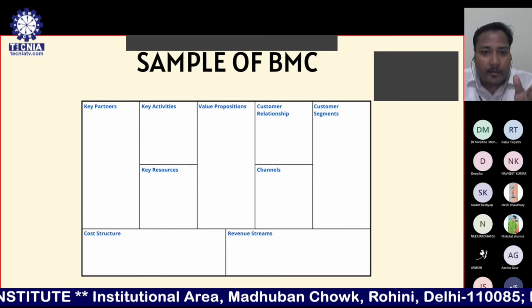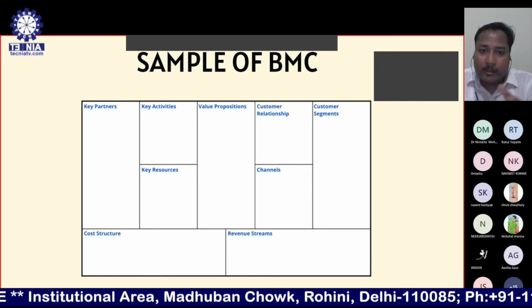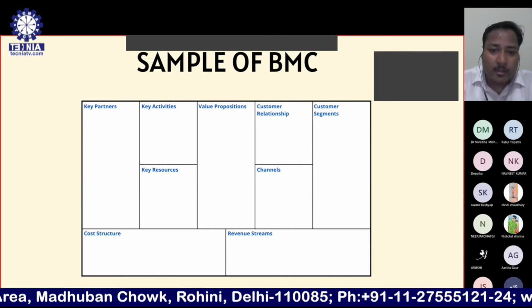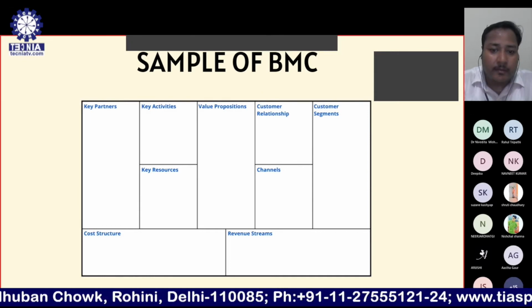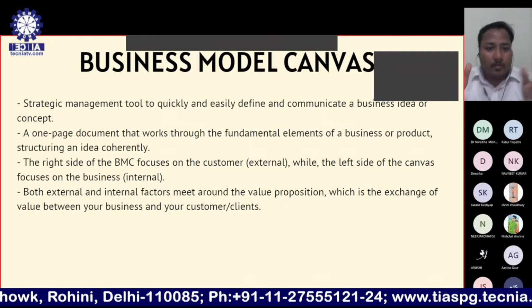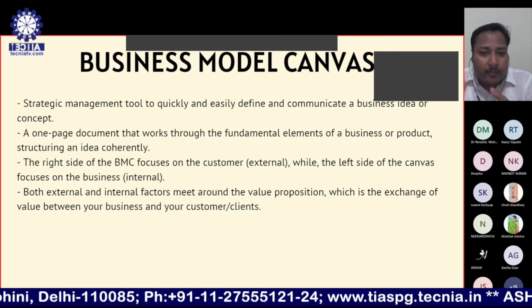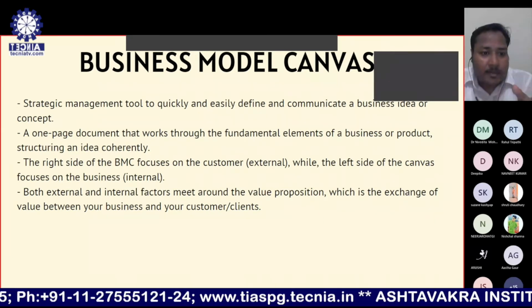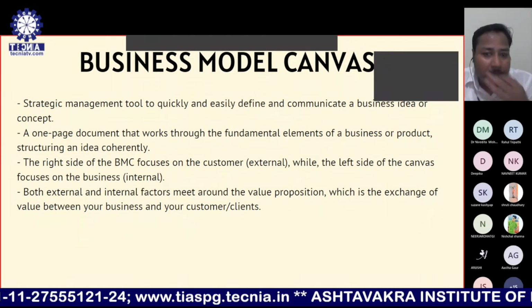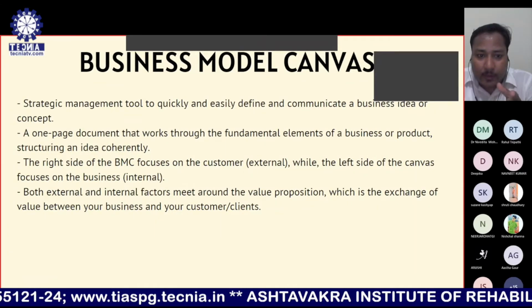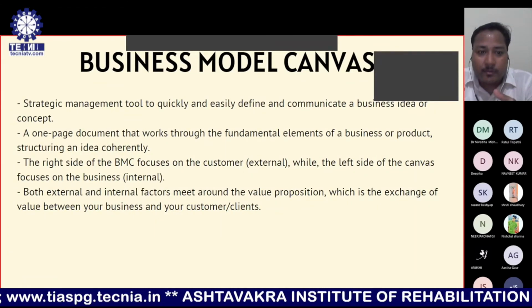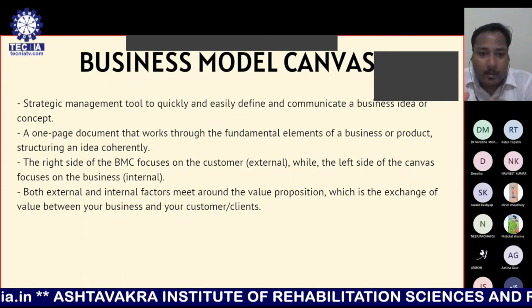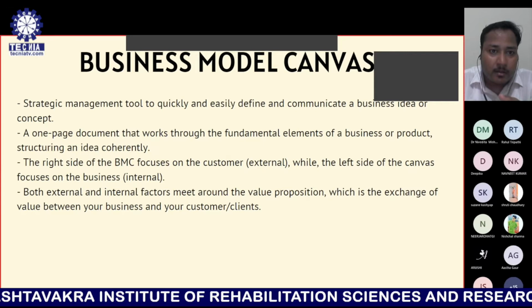The left side of the value proposition talks about the back-end linkages of the business, and down there is the cost structure and revenue streams. So the right side mainly focuses on the customer, the external part. The left side of the canvas focuses on the internal part, and the value proposition is the place where you establish yourself as a startup or as a business or as a brand or as a product.